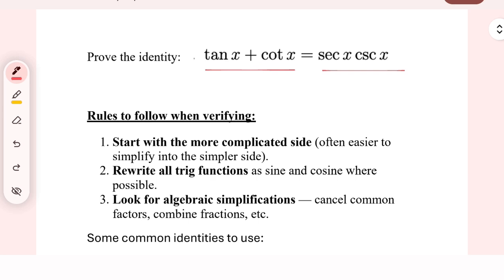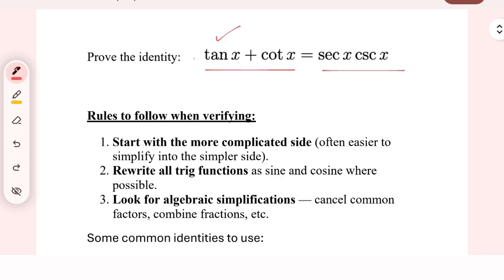The second rule is to rewrite all trigonometric functions as sine and cosine where possible, only if it's possible. For example, if we have a tangent, think of how you can rewrite tangent in terms of sine or cosine. In that case, it's sine over cosine, right?